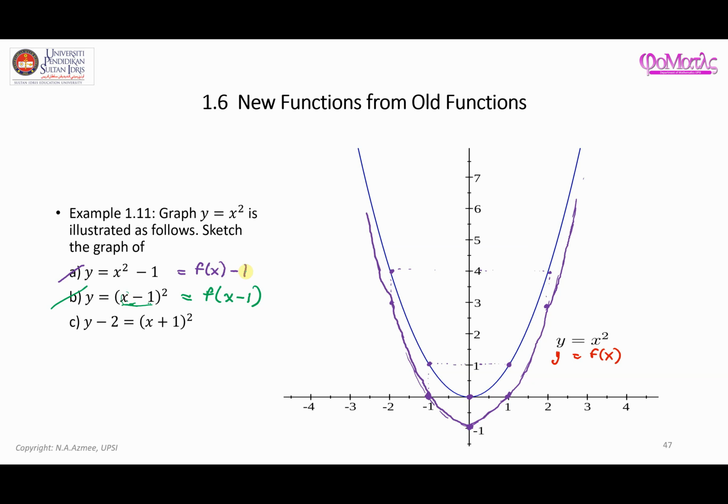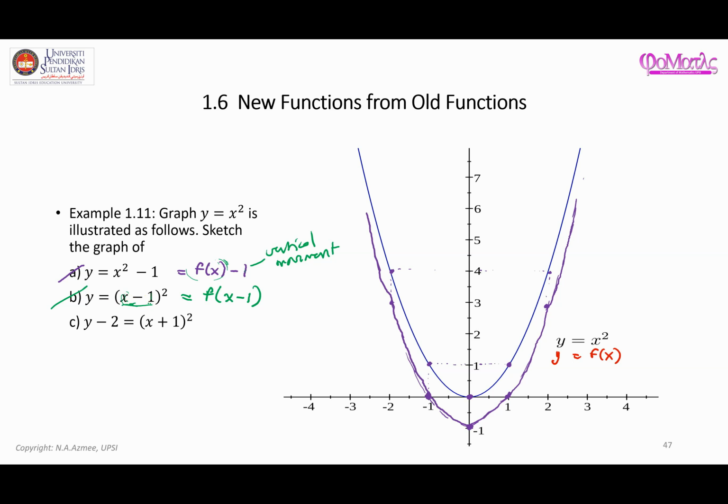For question A, 1 is subtracted from y, so the graph is shifted down. This is the vertical movement. For this one, the change is done with respect to x, and x is about the horizontal axis, so the movement is going to be horizontal, where the graph is shifted 1 unit to the right.